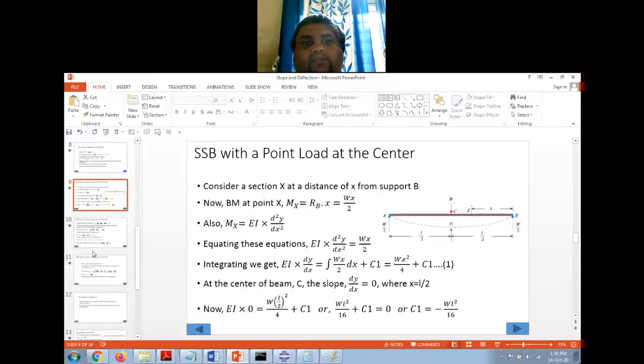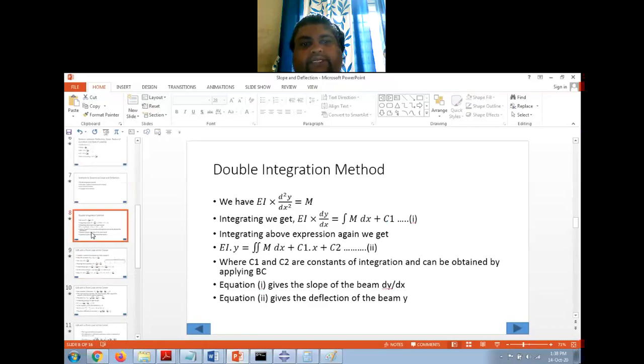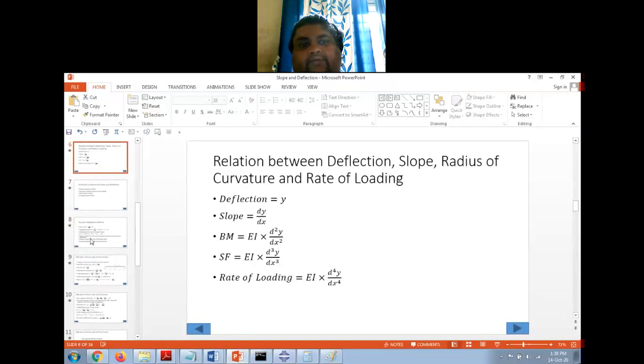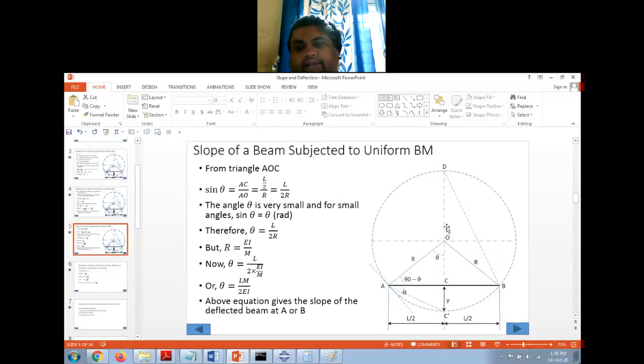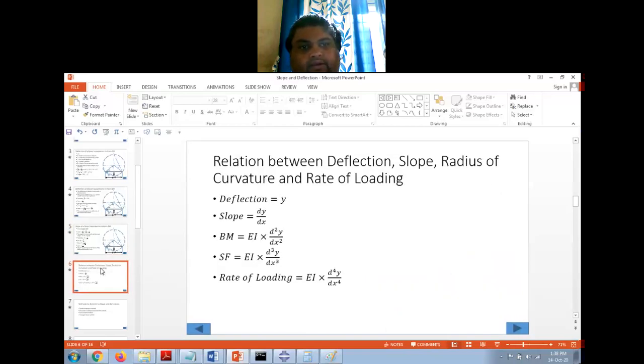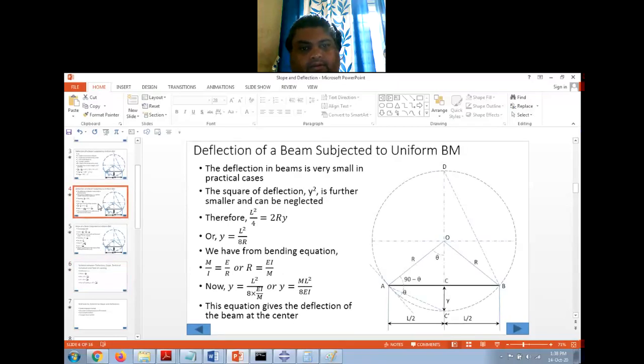So I am solving this with the generic expression that I derived earlier from this triangle, right? So what is that? Theta is Lm by 2EI, and deflection y is equal to ml square by 8 EI, right?